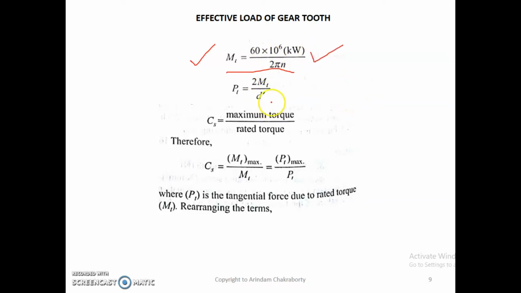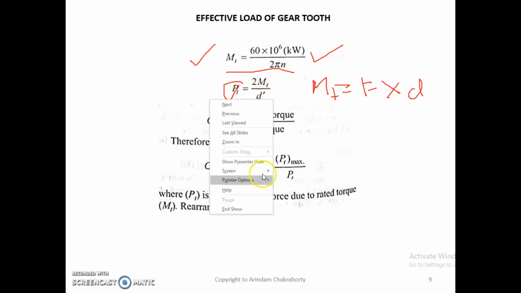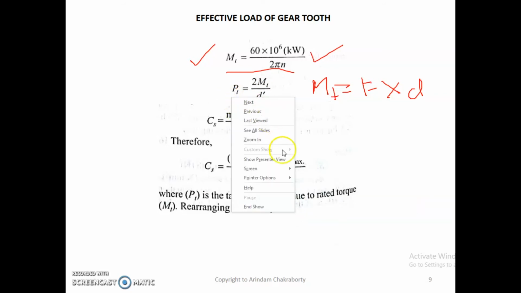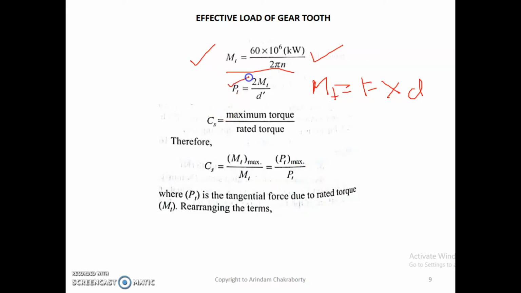As well as we know MT, the general formula is force into distance. What is force? Force is here. Now if you take it in this manner, this is the force, this is the length, and this is 2.